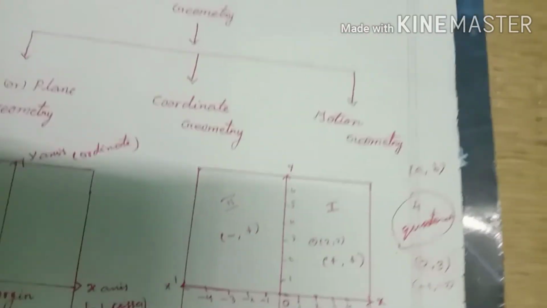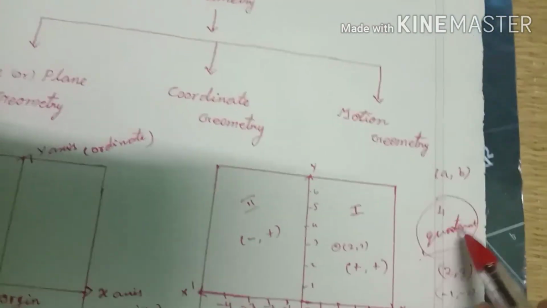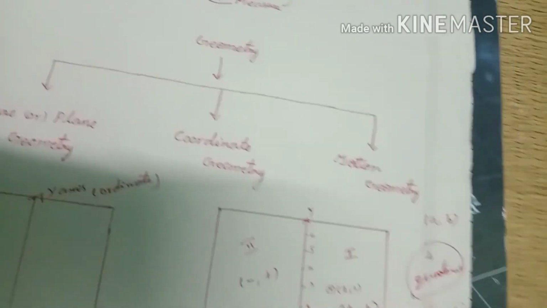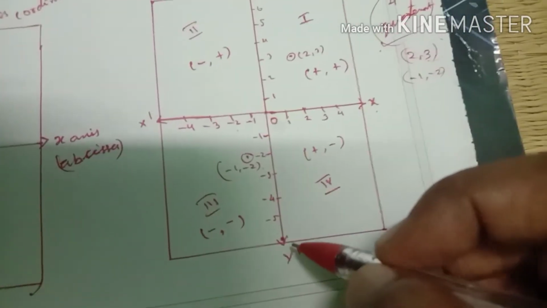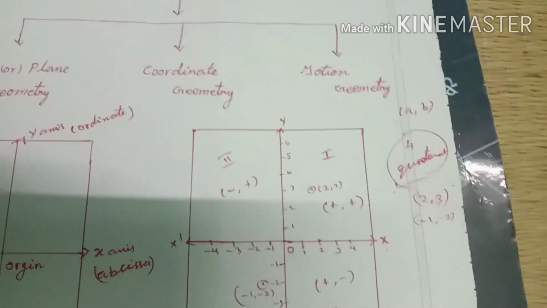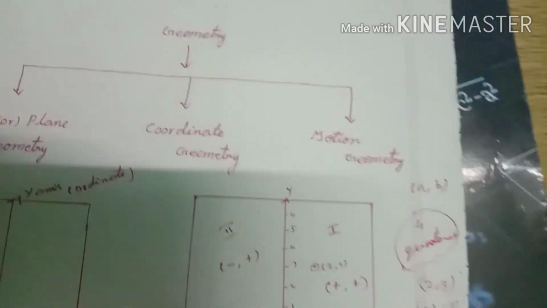Understand that what refers to the points is called the coordinate, and what refers to the axes, with the sign, is called the coordinate axis.